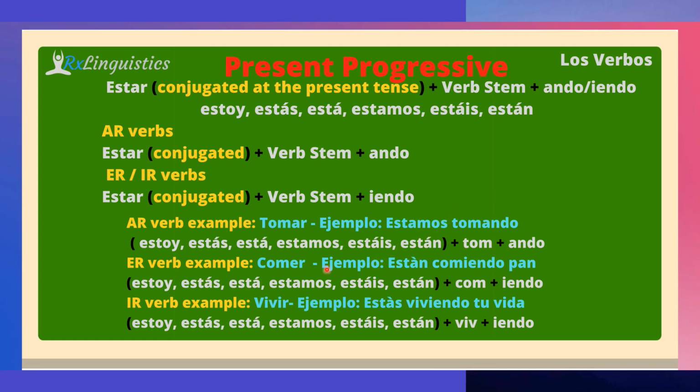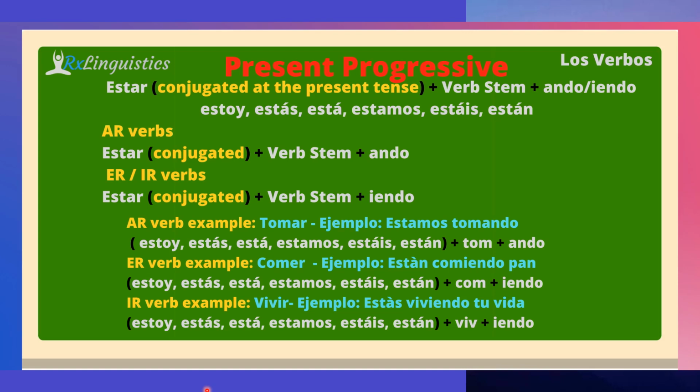Okay, comer is to eat, but it's an ER verb, so you have están comiendo, or whatever subject you choose, the corresponding verb, and then you add the present participle. So están comiendo pan, they are eating bread.